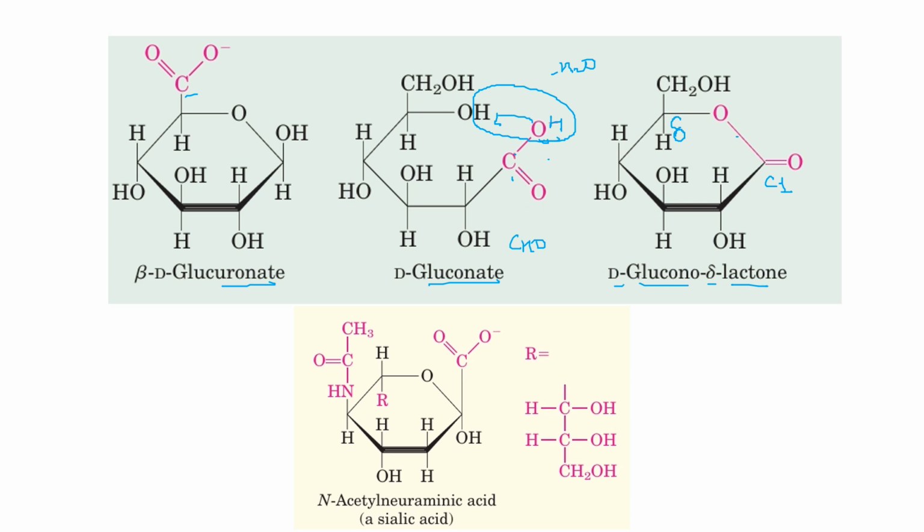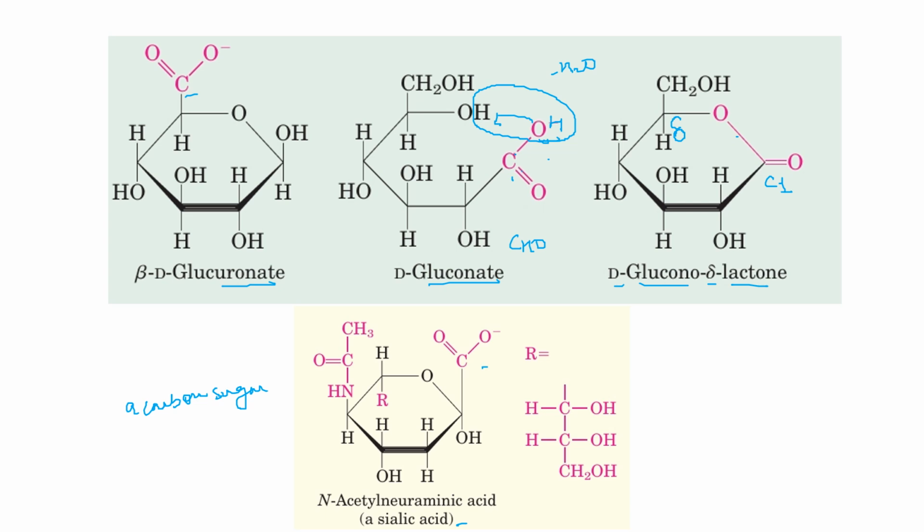Next, one more important acidic sugar is N-acetylneuraminic acid. This is also known as sialic acid, most abundantly present in the brain. It is a 9-carbon sugar, as you can make out: 1, 2, 3, 4, 5 in the backbone, and then these 3.